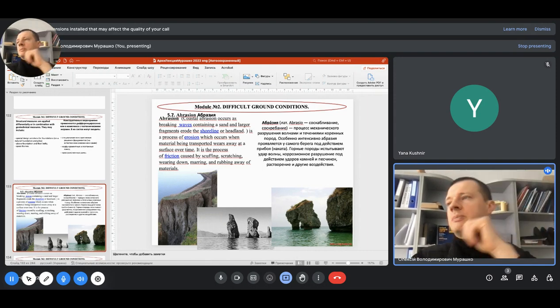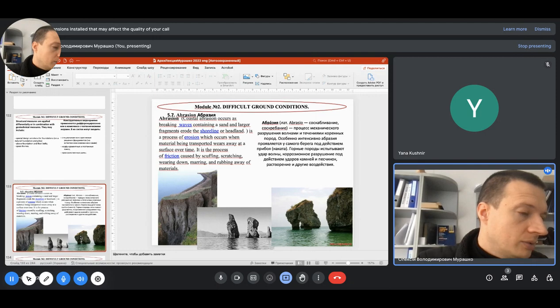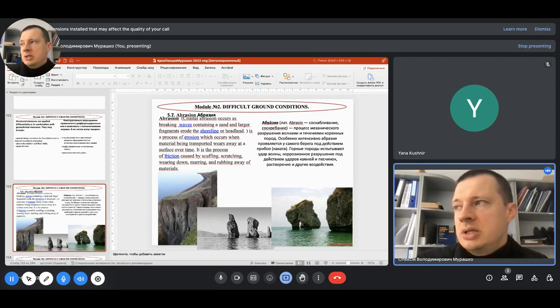So what is abrasion? Abrasion is not the result of dissolution, as we talked previously about karst. Abrasion is the process of the sea or maybe ocean which eats our seaside. It bites day by day a little piece of our seaside and destroys it. And you can see the result of those abrasion impacts on the seaside structures.